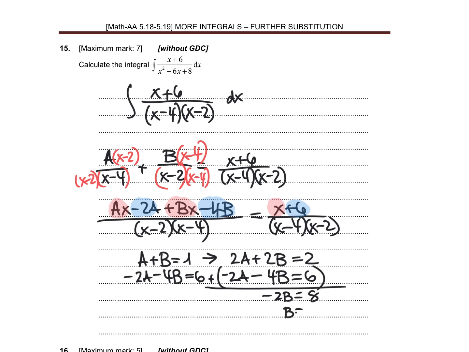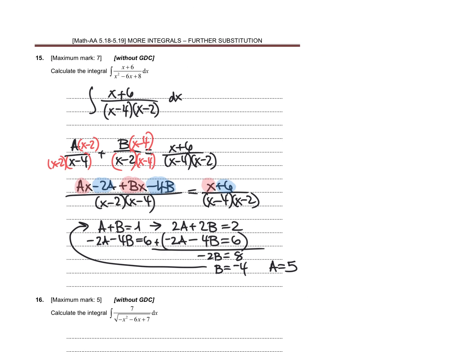So b is negative 4, which means a is 5. And we substitute that back in there. So this is going to be 5 over x minus 4 plus negative 4 over x minus 2 dx.